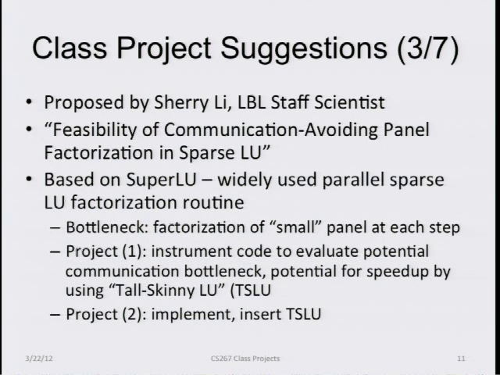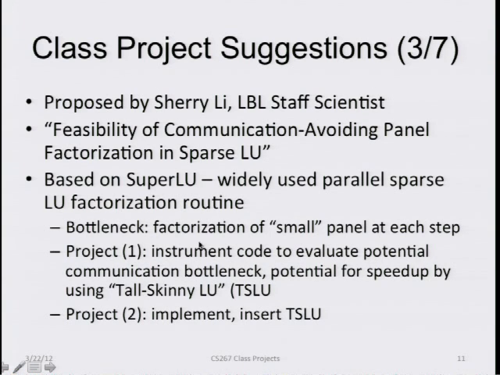This suggestion was emailed in by a staff scientist at Lawrence Berkeley National Lab, Sherry Lee. She's the author of a very widely used sparse linear equation solver called SuperLU, which scales extremely well for solving sparse linear equations. It now has a bottleneck as they try to scale up more, and she thinks that using some of our new communication avoiding algorithms that bottleneck can be removed.